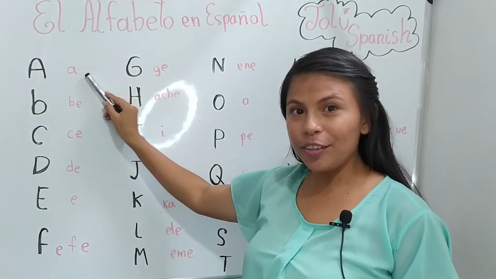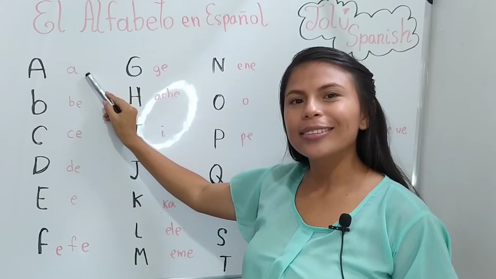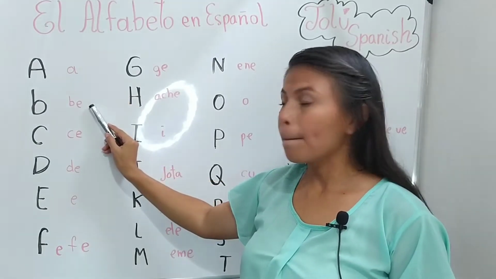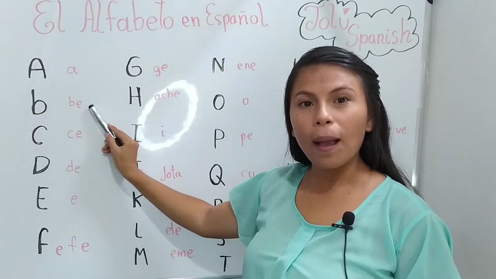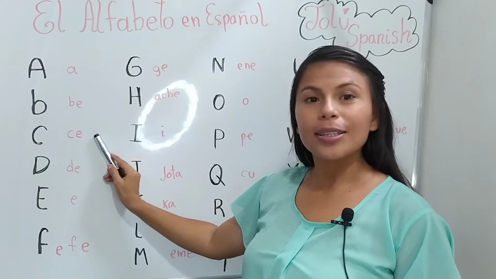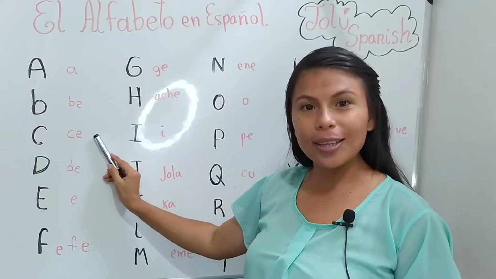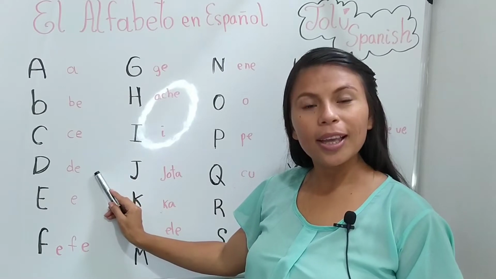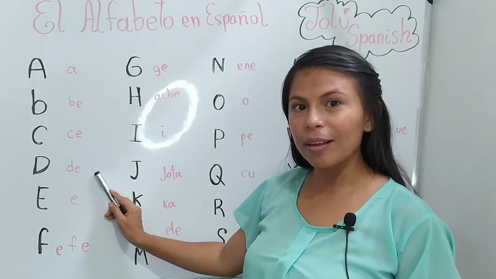The first letter is A. A. Very good. B. B. Perfect. C. Yes. D. Good job.